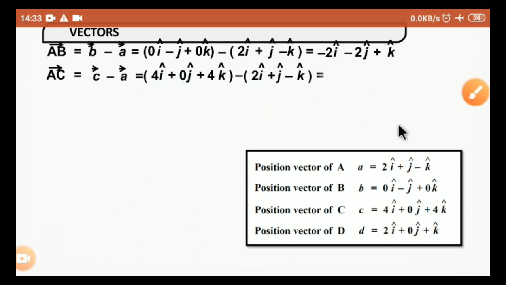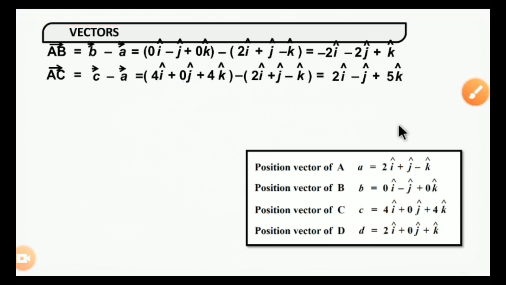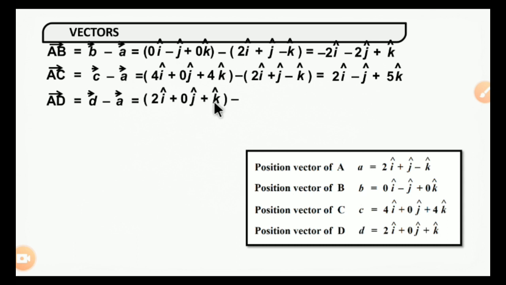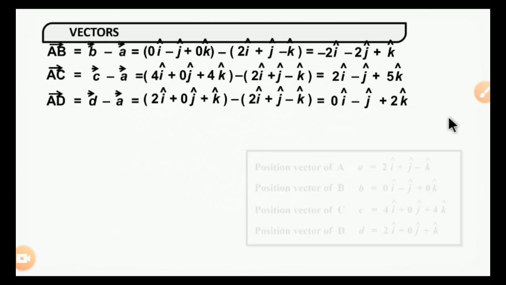So that here we will get 2i minus j plus 5k. And next AD is equal to D minus vector A, that will be equal to 2i plus 0j plus k minus into the bracket of vector A is 2i plus j minus k. After simplification we will get 0i minus j plus 2k.